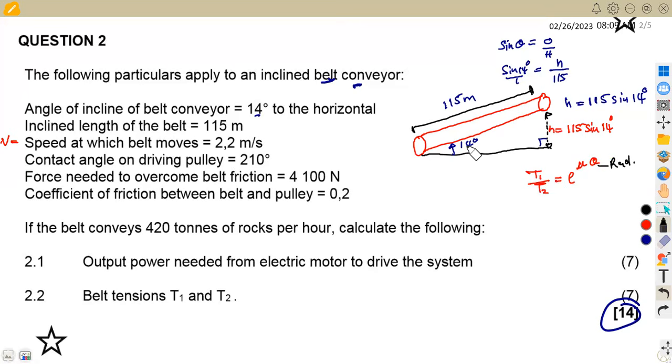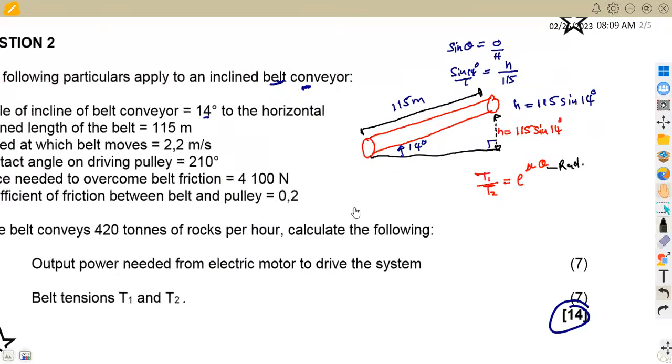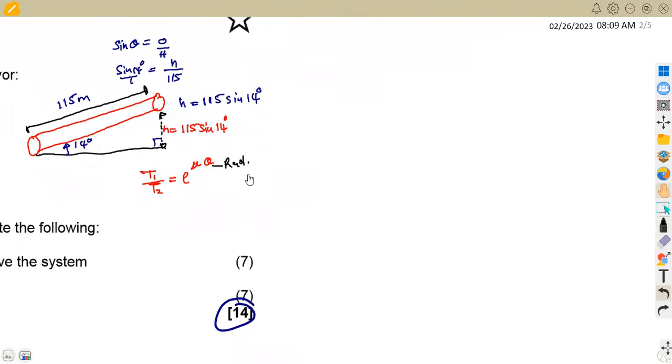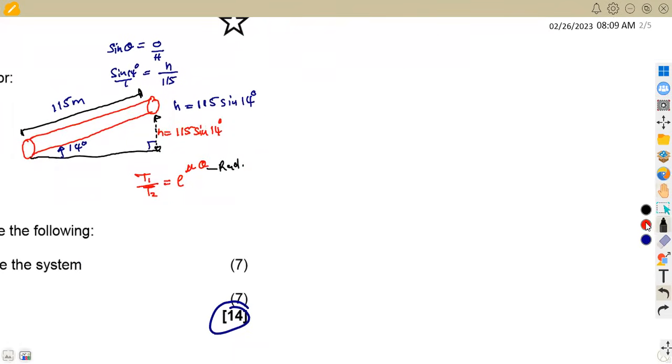So there is a need for us to convert the angle of contact, the 210 degrees, to radians. We know that theta in radians is equal to theta in degrees over 57,3.